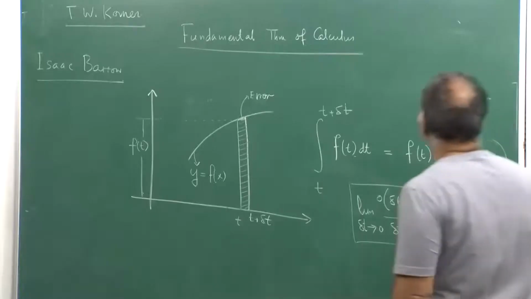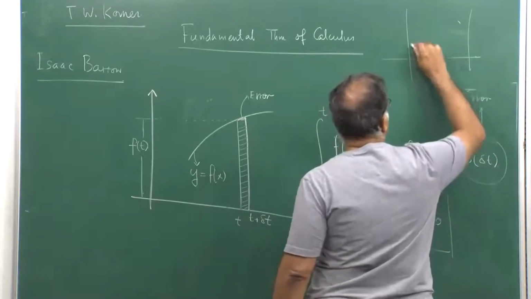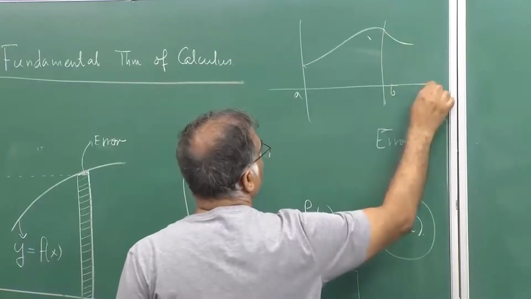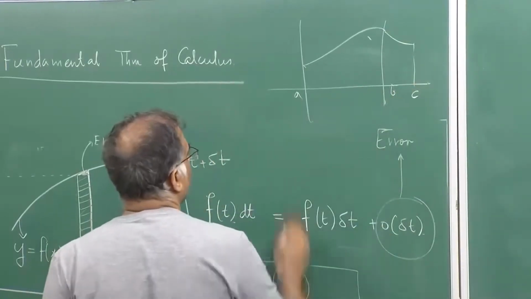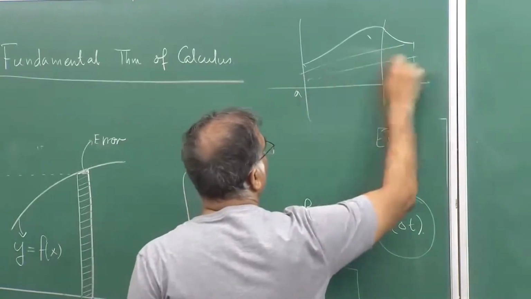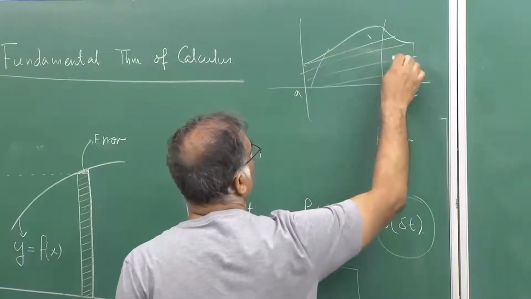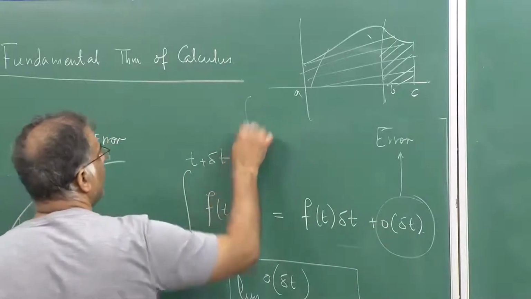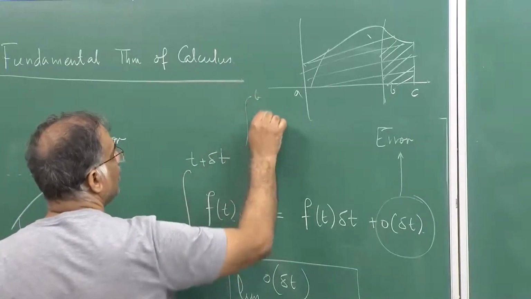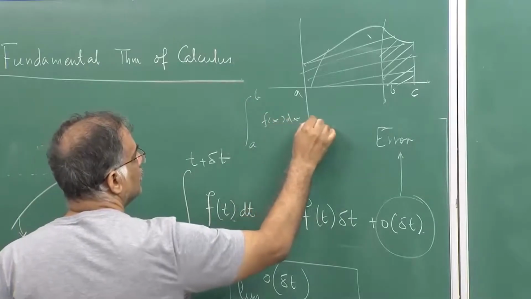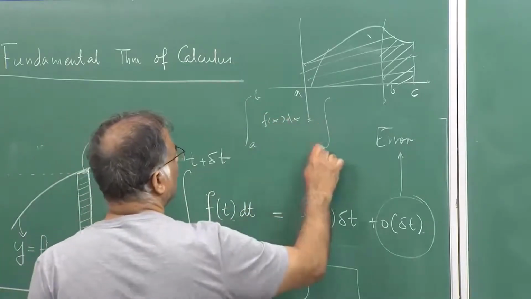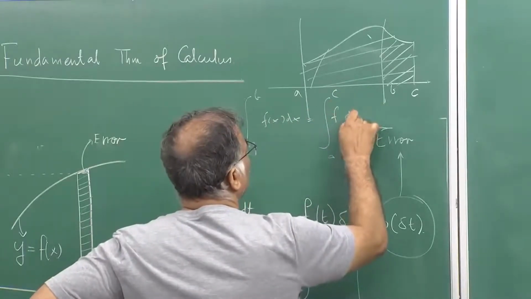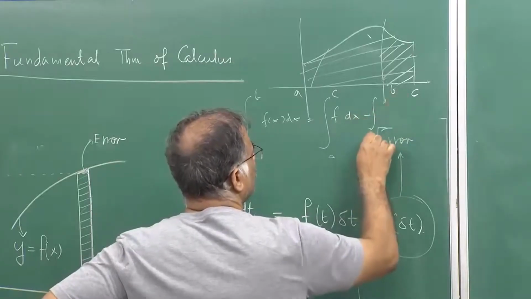If I take a function in an area like this, a, b, suppose the function is still defined and this is my c, then what is the integral a to b? I can take this whole area and subtract this area from b to c. So here I can simply write integral of a to b is integral of a to c plus minus integral of b to c.